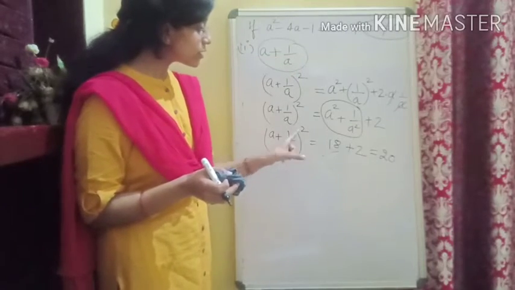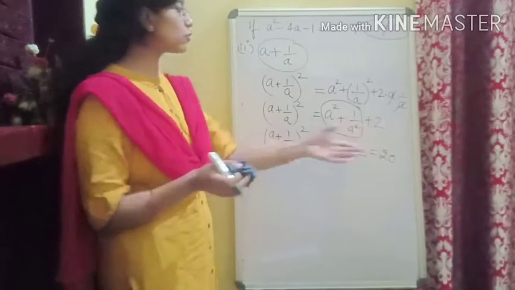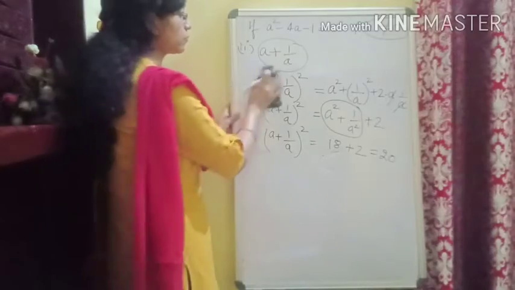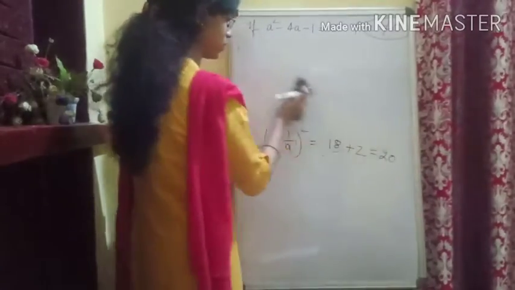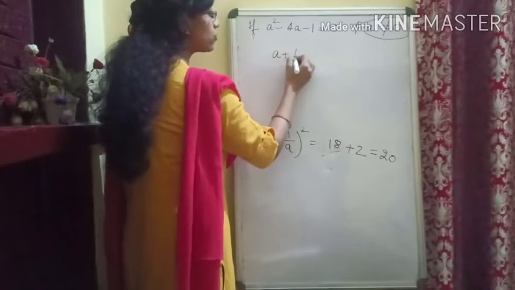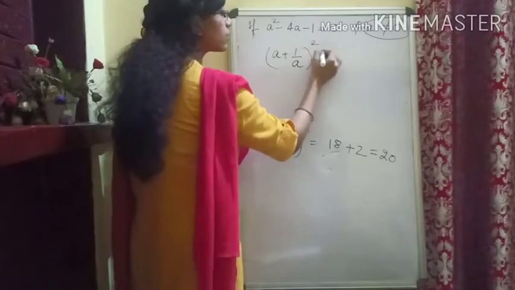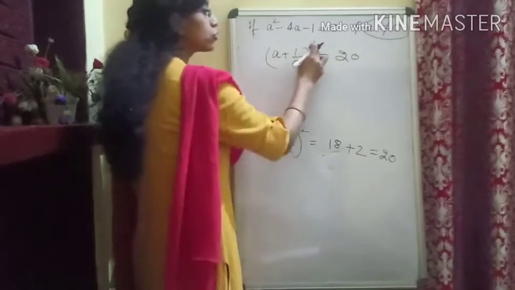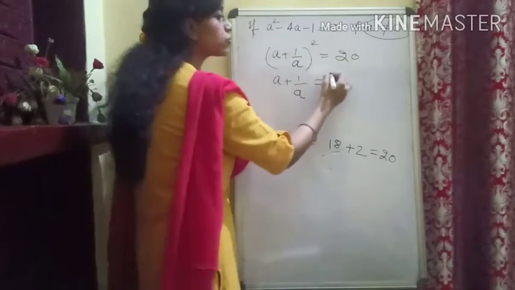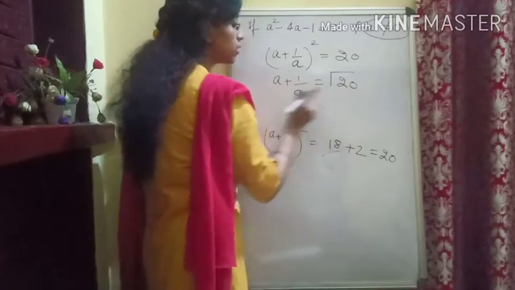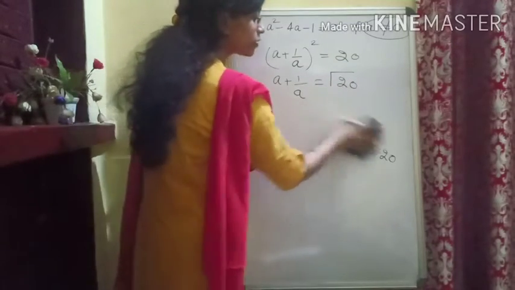So we have reached this, and we have to calculate a plus 1 upon a. Which means this square will go to the other side and it will become the square root. So we have (a plus 1 upon a) whole square equals to 20. So it becomes square root of 20, and you have to simplify the square root of 20.